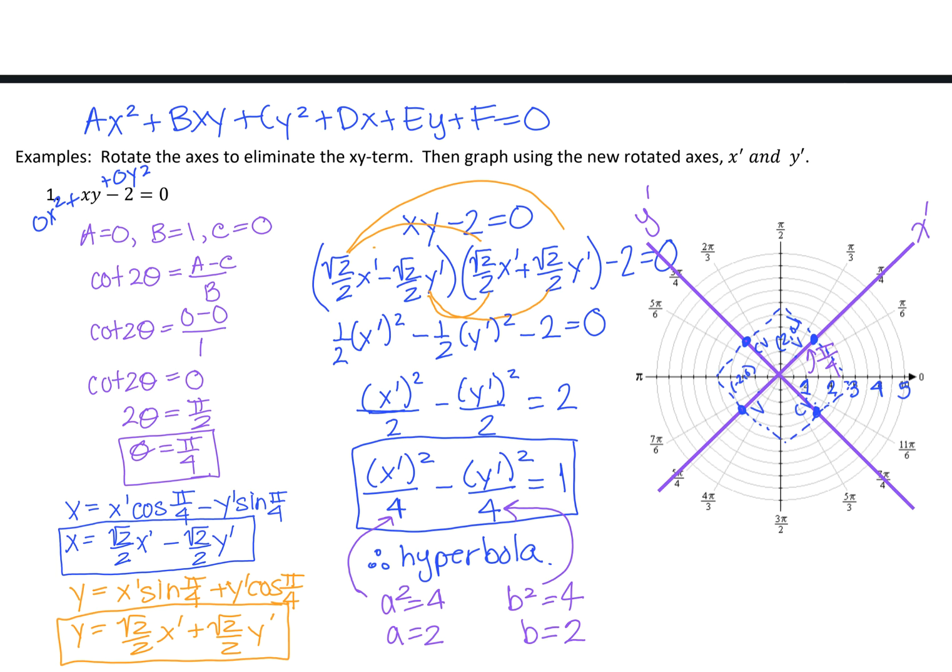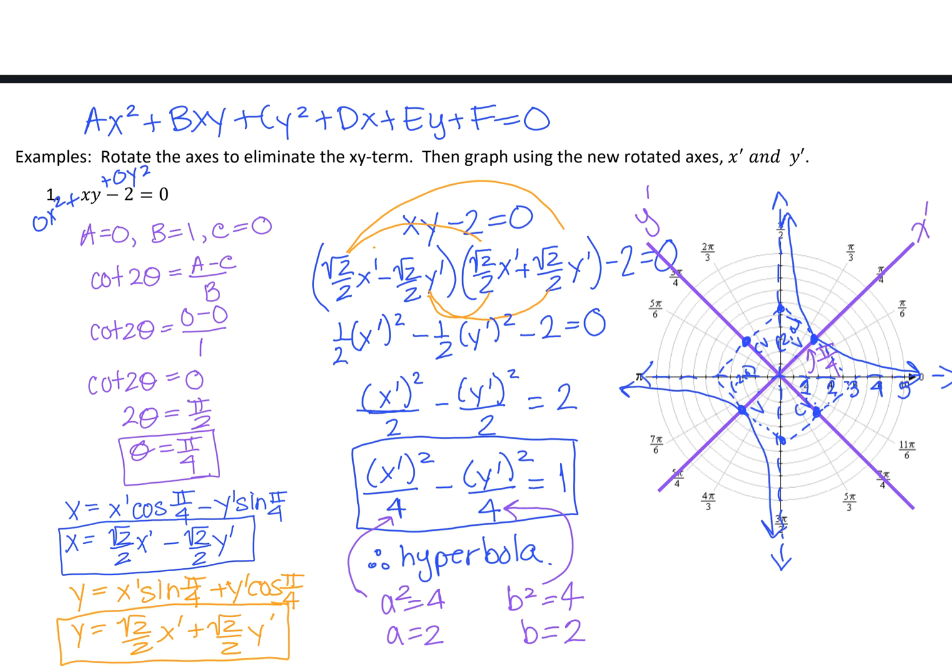So here I know that my equation of my asymptote is going to go through the corner of the box, right? So let's draw our asymptotes in. The asymptotes are going to be the original x and y axes through that corner of that box. Okay. And so here's my graph. There was one branch of my hyperbola. And let's see if I can get the second branch of my hyperbola. Perfect. And there we have.